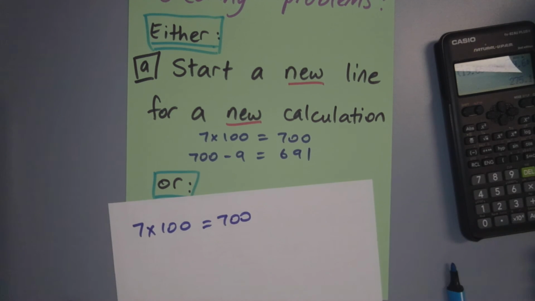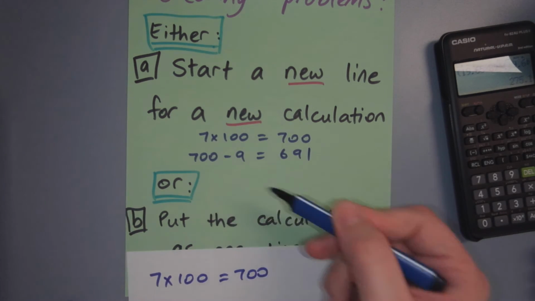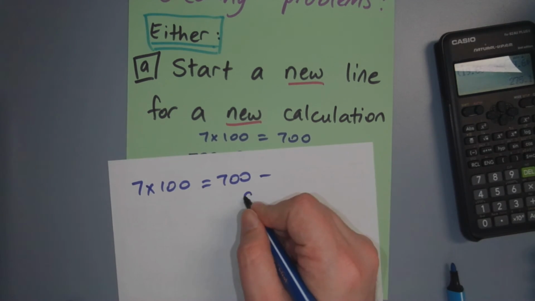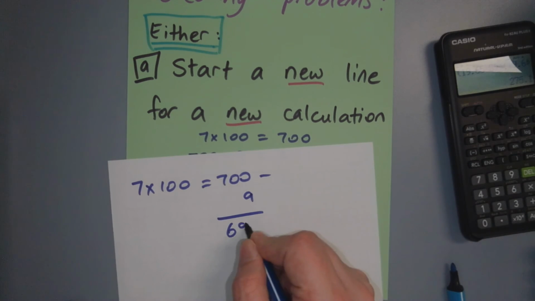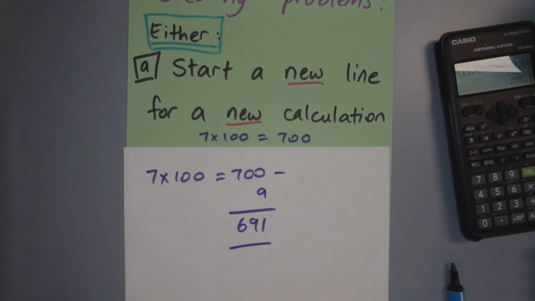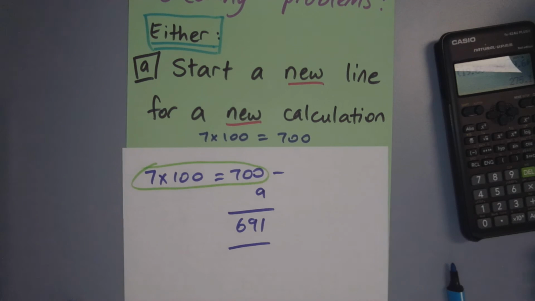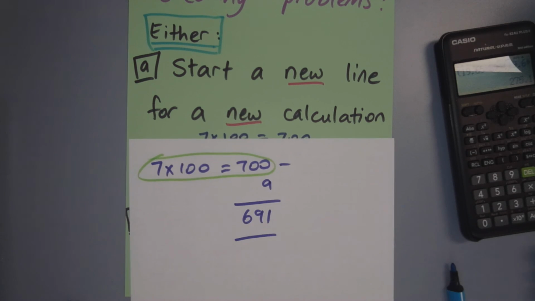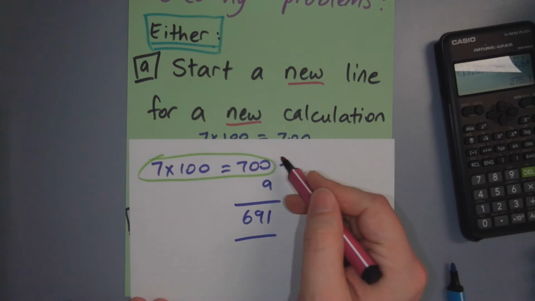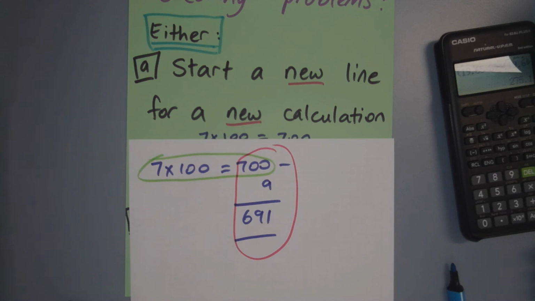And now I want to subtract 9 from that, but I don't want to start a new line really. I've done it that way, so reading across here, my 7 times 100 is 700. I've not made any lies happen there. And if I look down here, 700 minus 9 is 691. I haven't made any lies there.